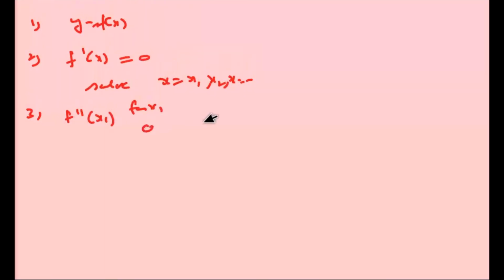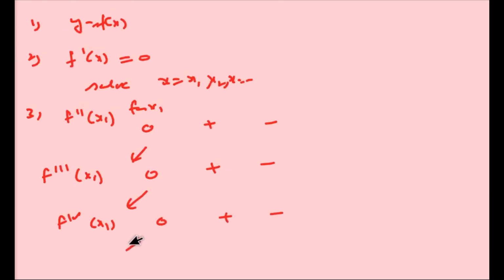It may be 0, it may be positive, it may be negative. If it is 0, then find f'''(x1), it may be 0, it may be positive, it may be negative. If 0, then again find f''''(x1), it may be 0, it may be positive, it may be negative, and so on. 0 cannot tell you any values.